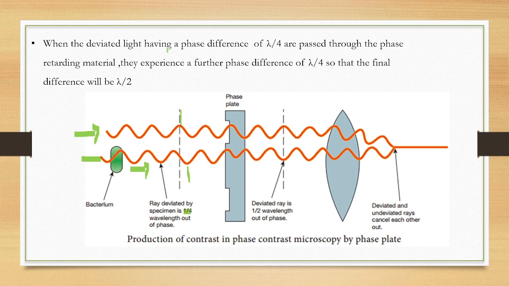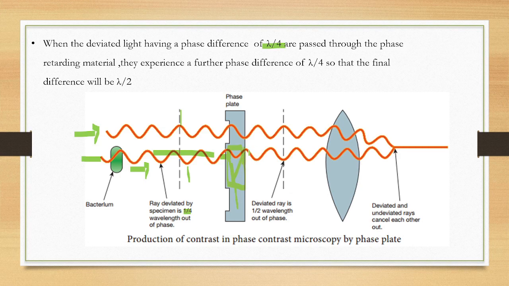So the deviated light having a phase difference of λ/4 passes through the phase retarding material. This is the phase plate, which has the phase retarding material.